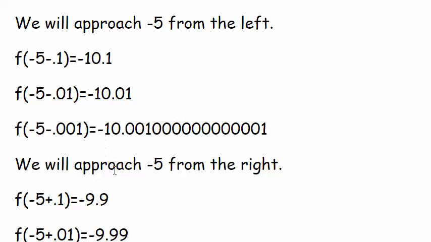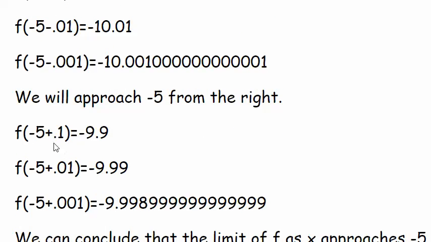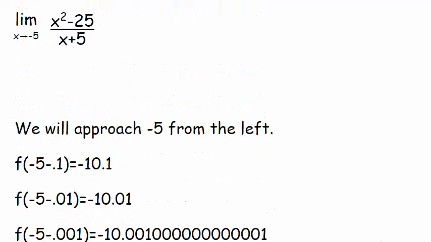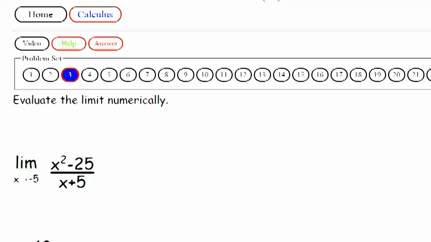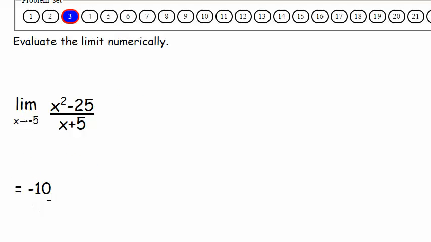Then coming in from the right hand side, we do the same thing, and both of these numbers are getting closer and closer to each other, converging towards negative 10 from the left and from the right. So my guess is negative 10 is the answer we're looking for.